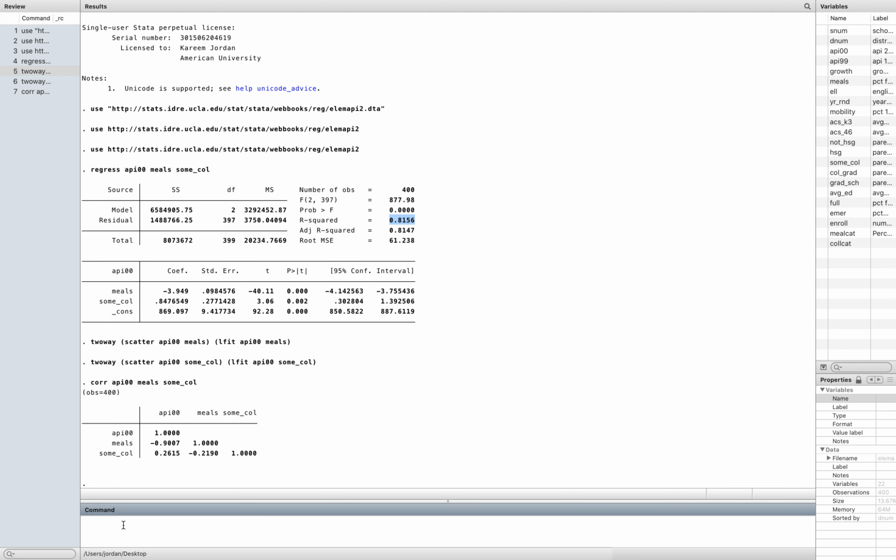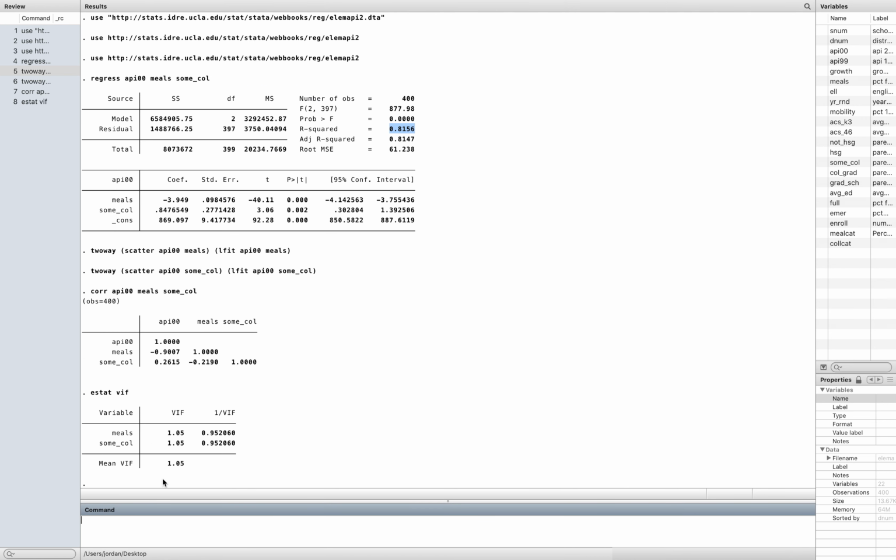If you put estat vif for variance inflation factors and run it, typically if your VIF, your variance inflation factor, is less than 4, and some people allow going all the way out to 10, then your collinearity is pretty low and you met that assumption of regression.